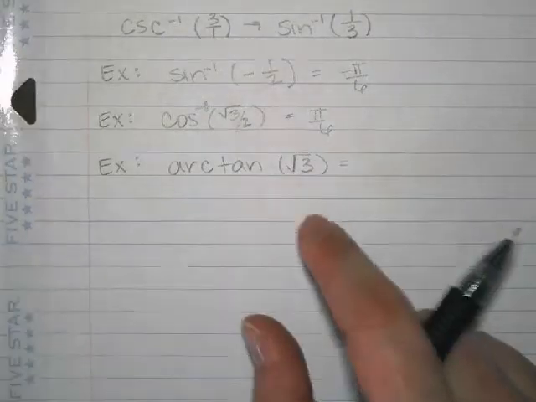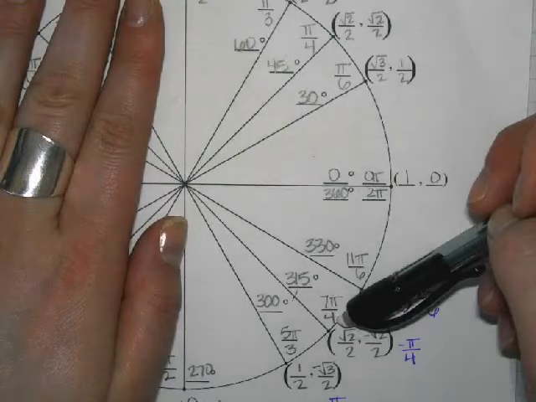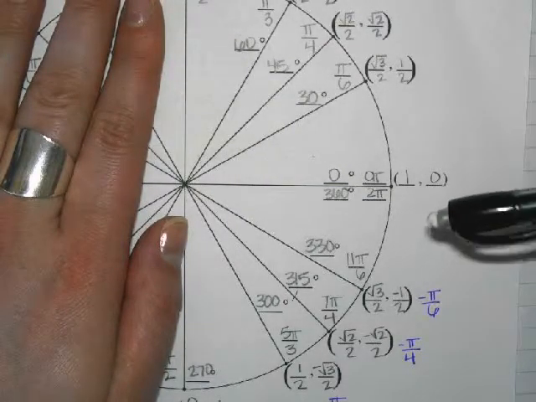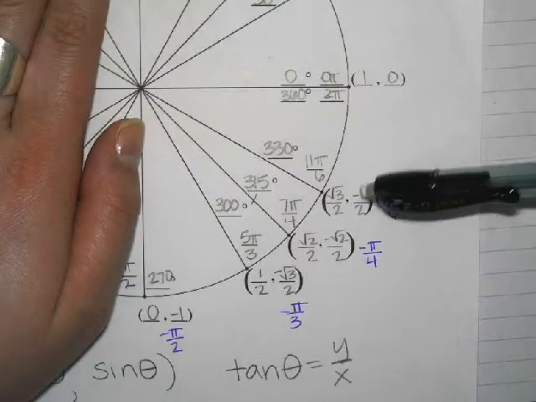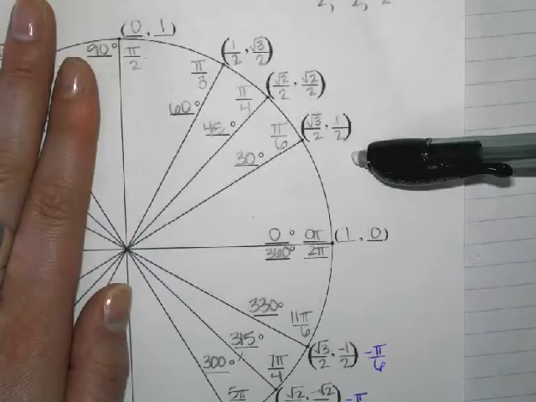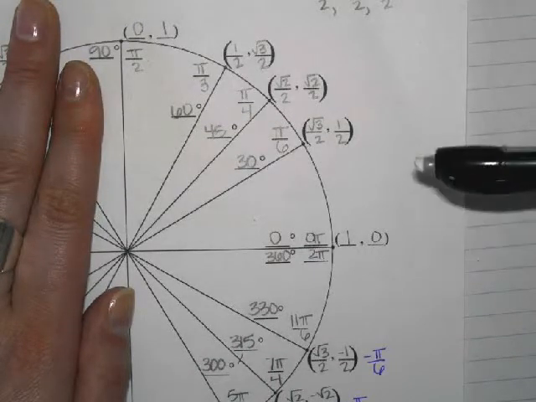So since it's tan inverse, I'm looking only in quadrants 1 and 4. I need to find a y divided by x that simplifies to be square root of 3. Since I don't have a negative in my problem, I know I'm not looking in quadrant 4. So I can look in quadrant 1.